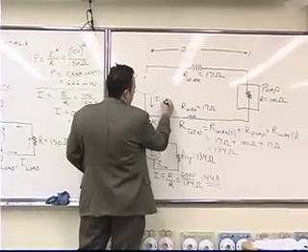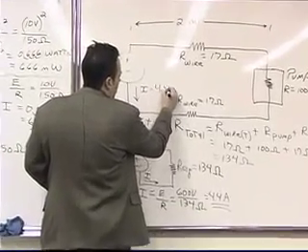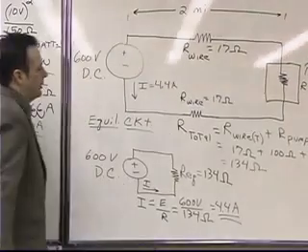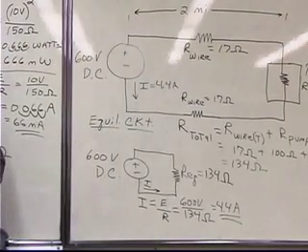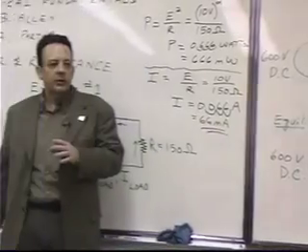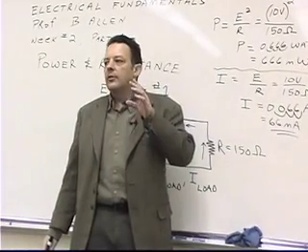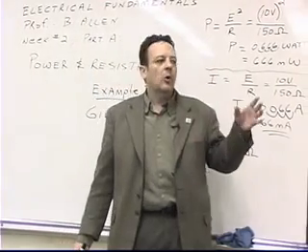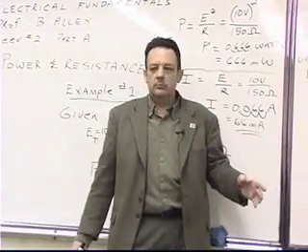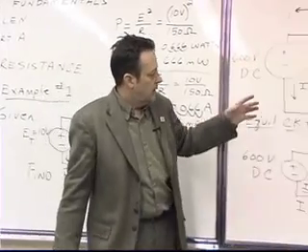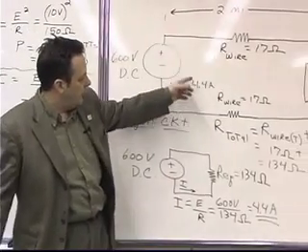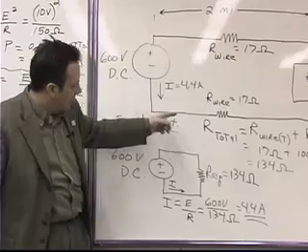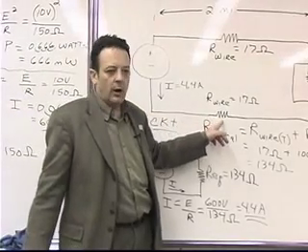That's the beauty of equivalent circuits. 4.4 amps. If it's a series circuit, and remember, series circuits have the same what? Current flowing everywhere. Right. If there's 4.4 amps flowing here, how much current is flowing through this wire?